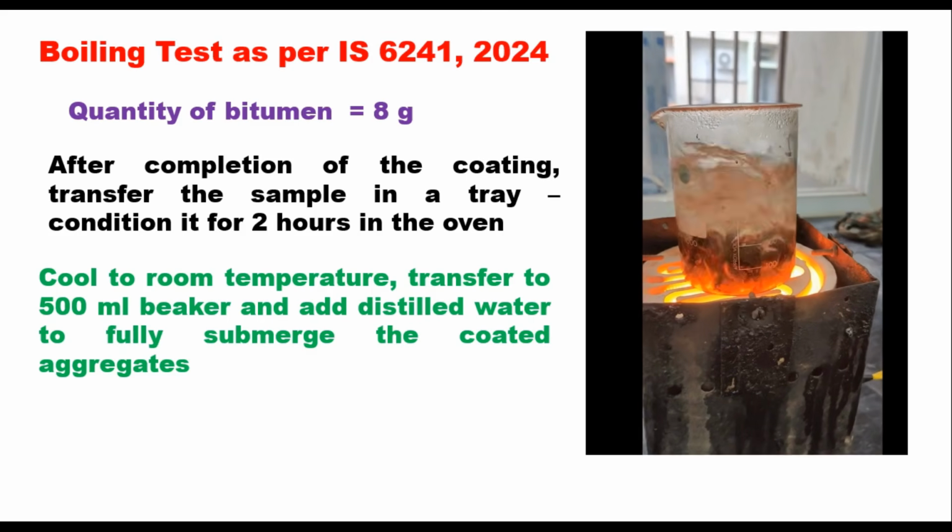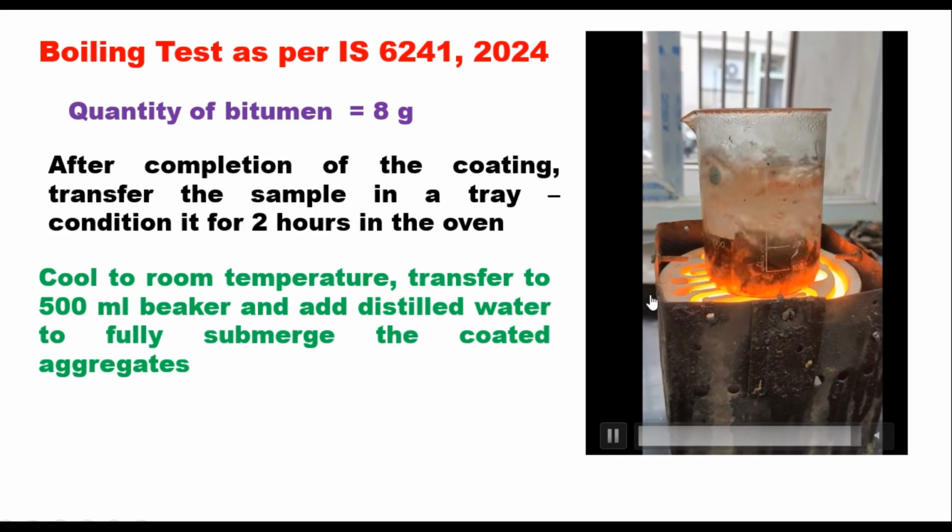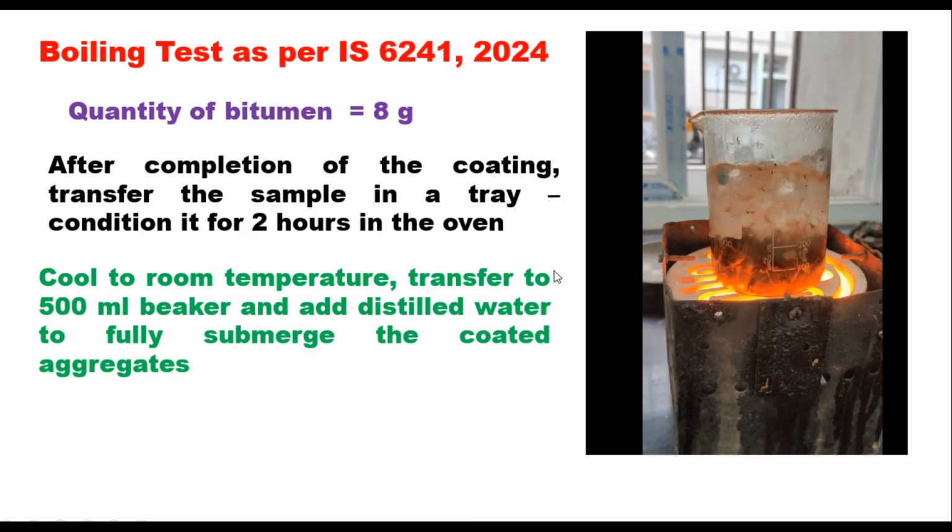Every 10 minutes, you remove the binder which comes on the surface of the water to avoid re-deposition. And this continues for 30 minutes. And after 30 minutes of boiling, take the sample out and allow to dry at room temperature. That is boiling test as per IS 6241:2024.